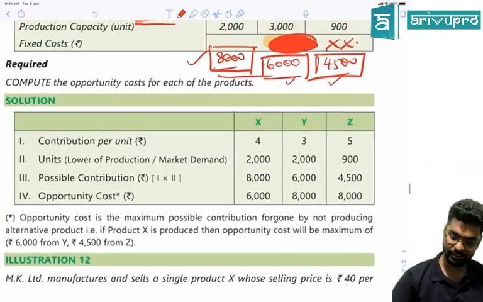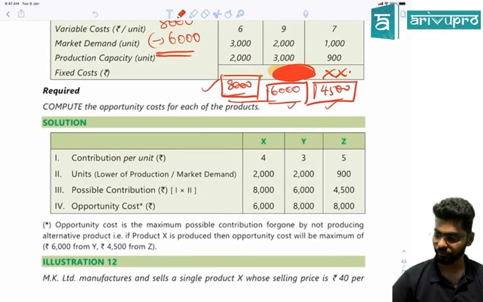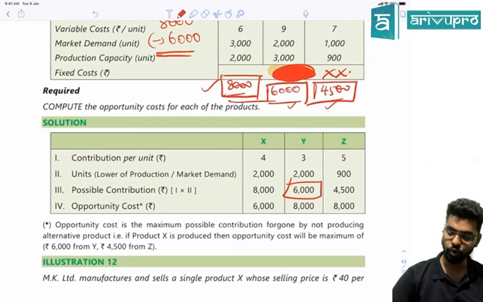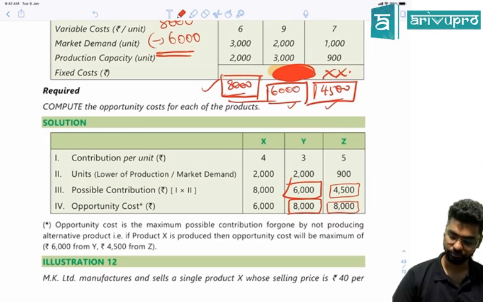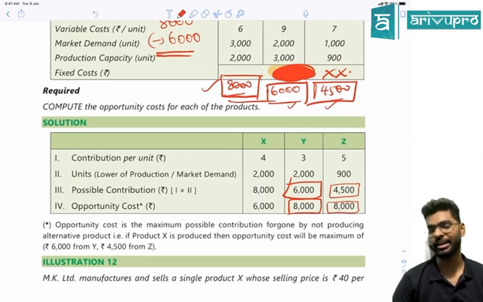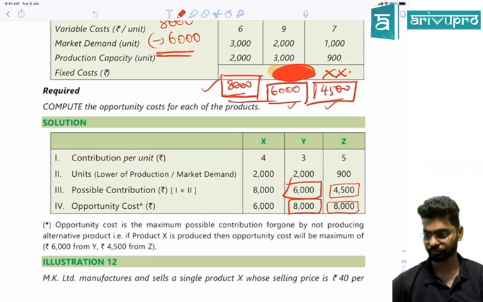I'll make 6, and I'm losing 8. And if I make Z, I'll make 4,500 and I'll lose 8,000. Correct? Are you clear? That's all your answer. They just want you to find the opportunity cost for each of them.